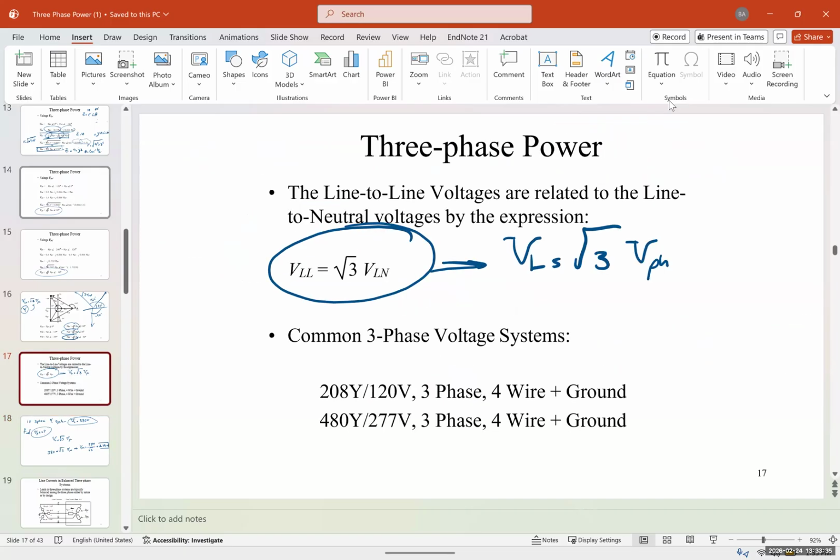Now, these are some common three-phase voltage systems in North America. We have 208Y 120 volts, and we have 480Y 277 volts. Can someone tell me what is 208 and 120, and what is 480 and 277?